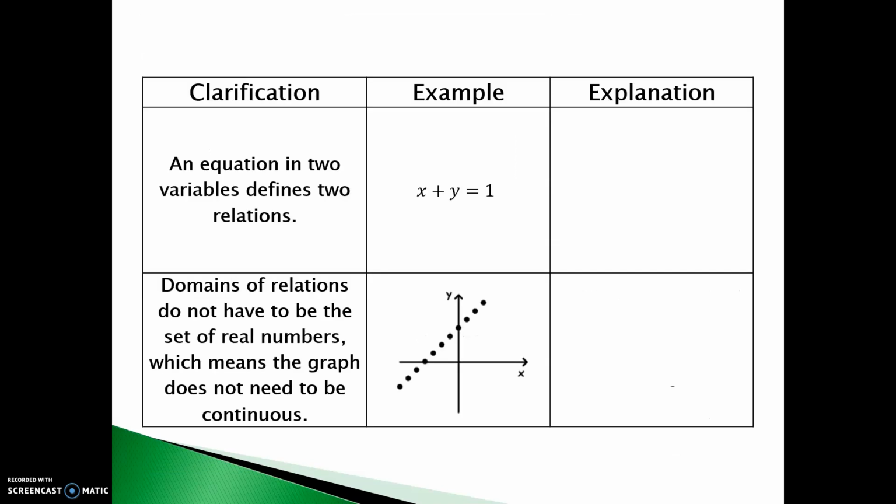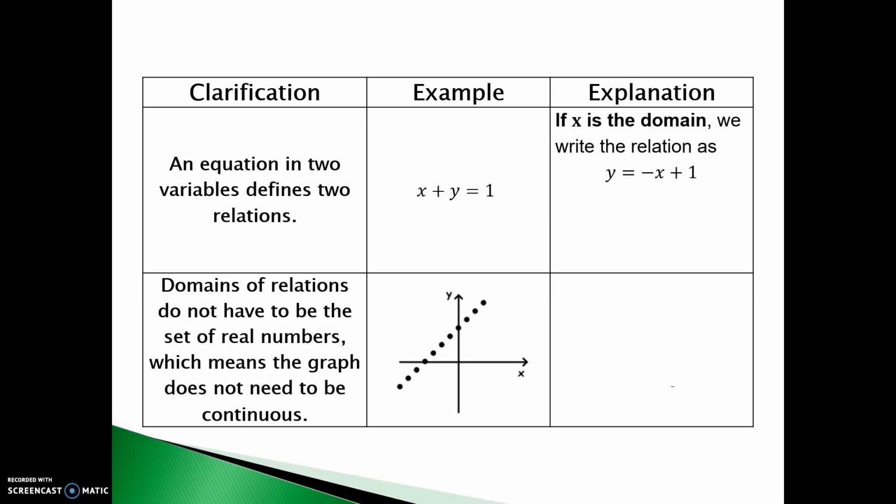Another clarification is that an equation in two variables defines two relations. Typically we look at x plus y equals 1, and we want to say y equals -x plus 1, because that is the way that we learned how to graph it. But when we graph, we imply that x is the domain. In that equation, you actually have two domains.